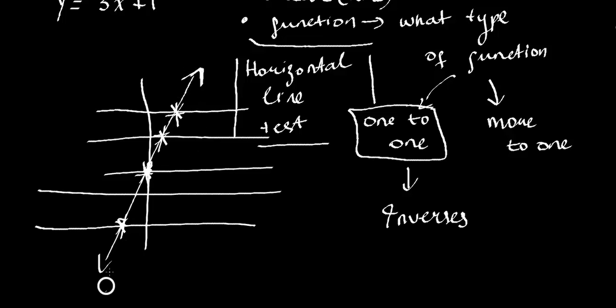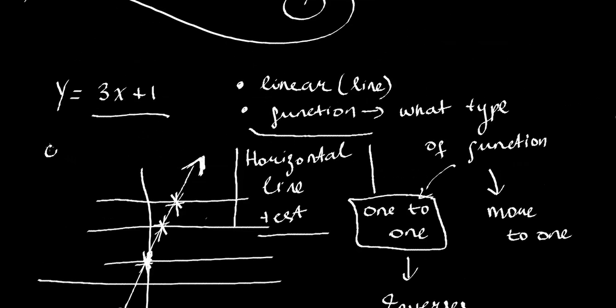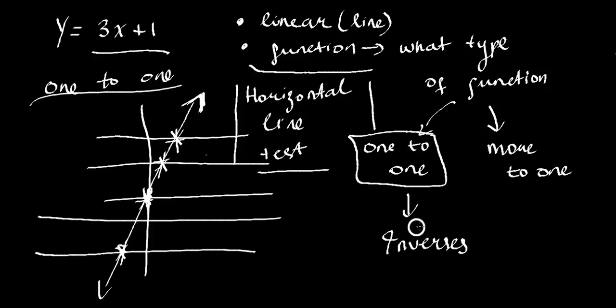The graph is right there, by the way. So what does this mean? Since it touches the graph once, this function, 3x plus 1, is one-to-one. And since it's one-to-one, that means it has an inverse.